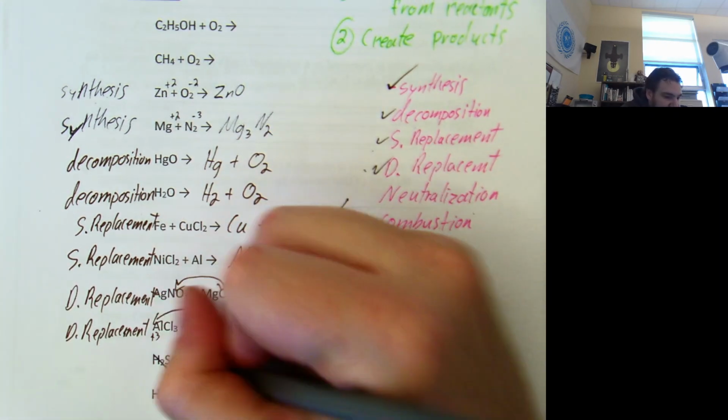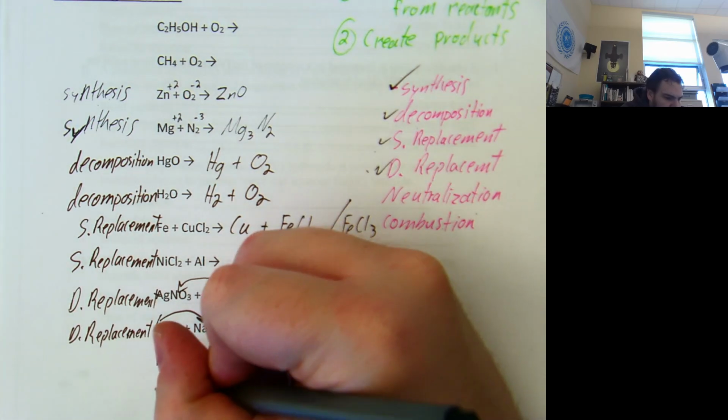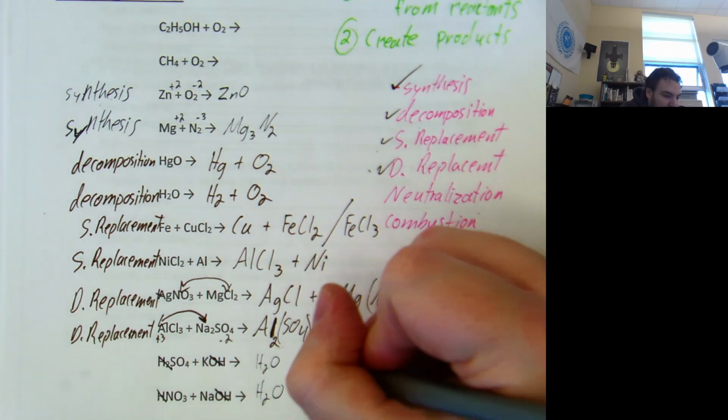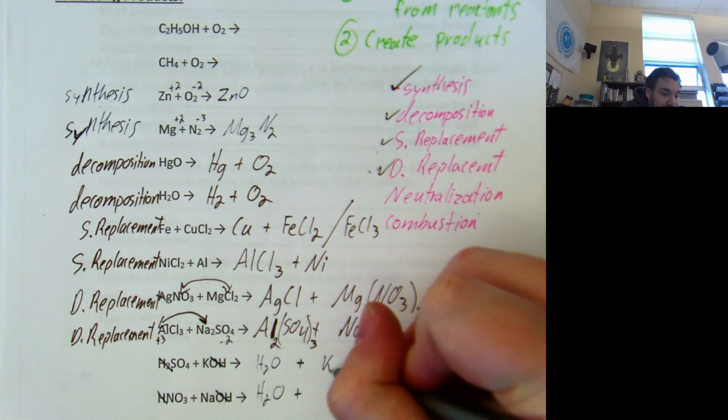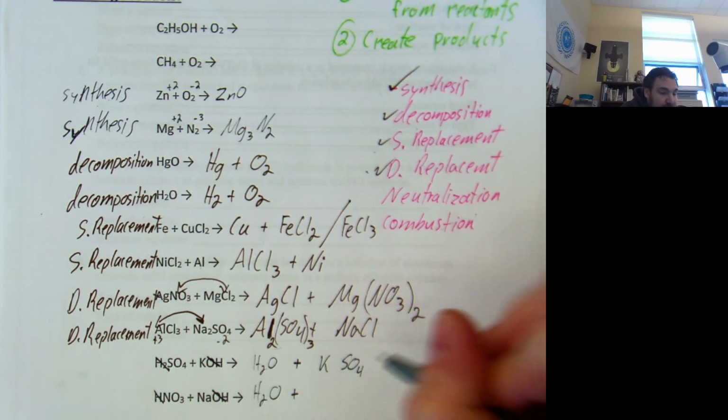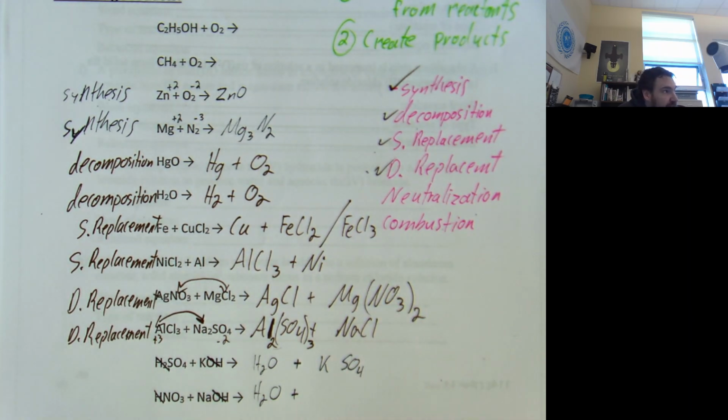Once the H's and the OH's have made their water, what's the second product of an acid-base neutralization going to be? The first one is going to have potassium and sulfate, but it's not going to be KSO4. It's going to be what? Potassium has a charge of +1.